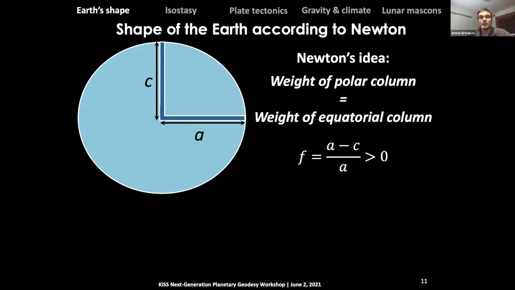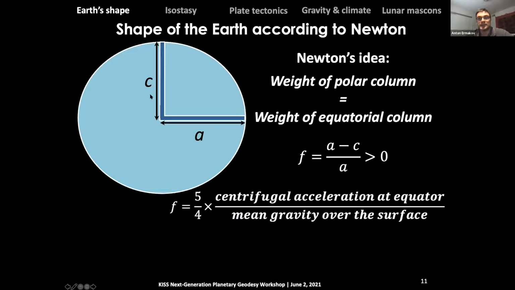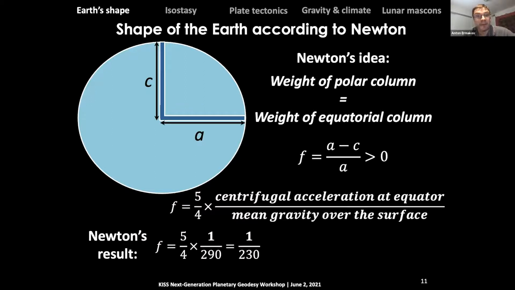connect the difference between the equatorial axis A and polar axis C to the ratio of centrifugal acceleration at the equator to the mean gravity field over the surface. Moreover, Newton actually predicted a numerical value for the Earth flattening factor.